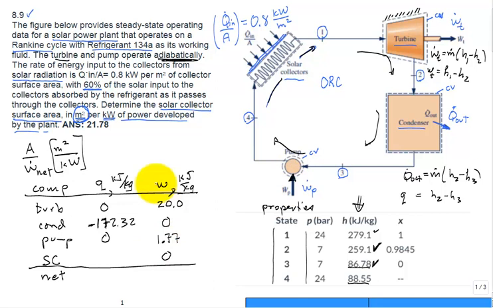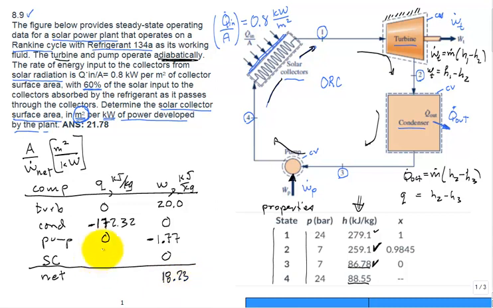If I want to do a sum on this column, I'll put a negative there so that the W net is 18.23. That's really what I want, that W net. That tells me for every kilogram that goes through the solar collector, the turbine, the condenser, and the pump, we get a net work out of 18.23 kilojoules. So that's the key piece of information.